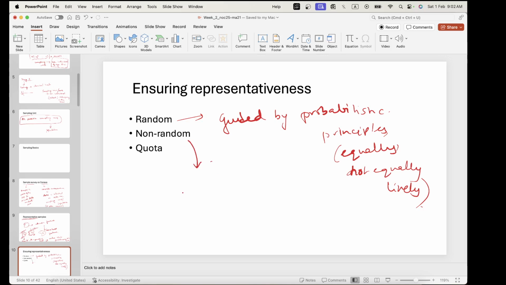Non-random sampling is very judgment oriented, based on the judgment of the researcher or the one who's collecting the sample.